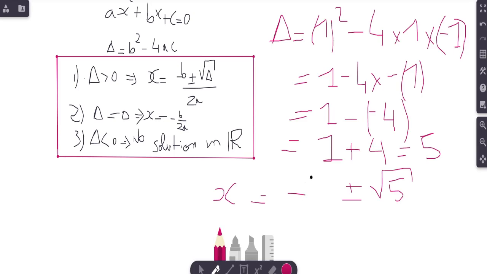Okay, so minus 1 plus or minus square root of 5, divided by 2 multiplied by a. So a is 1, so 2 multiplied by 1 equals 2.